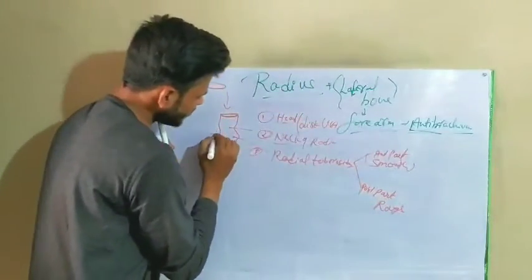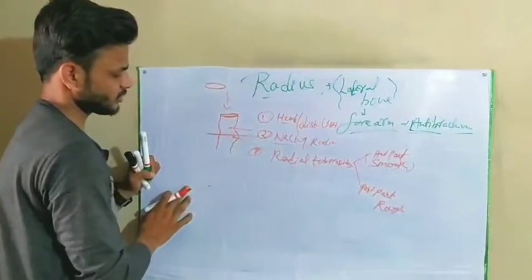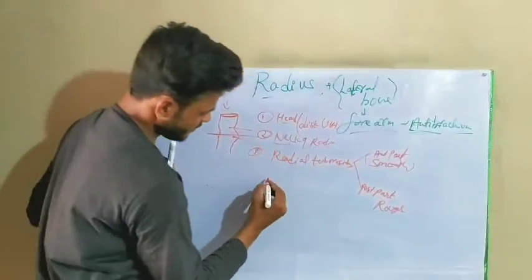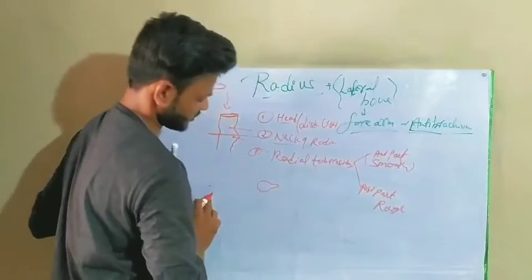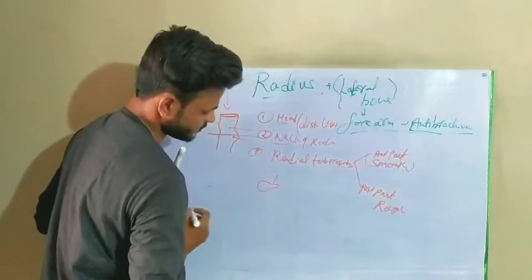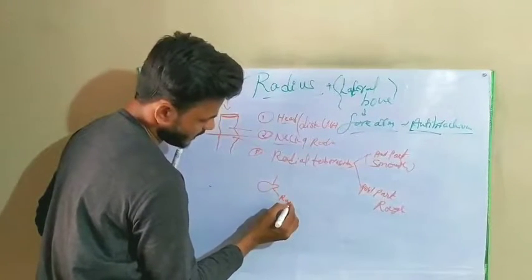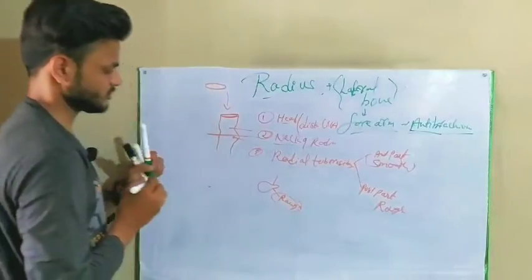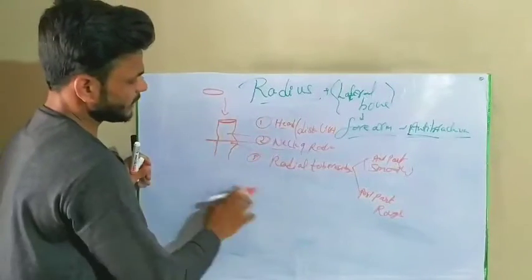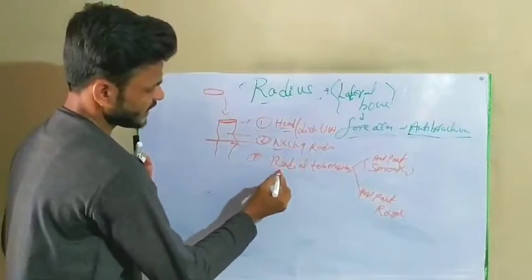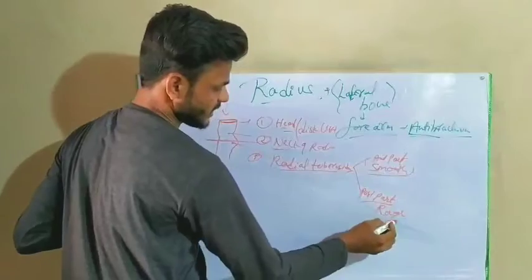If we cut a section at the level of the radial tuberosity, we will find this structure. This is the anterior smooth part of the radial tuberosity, and this is the posterior rough part. So the upper end has the head, neck and radial tuberosity.